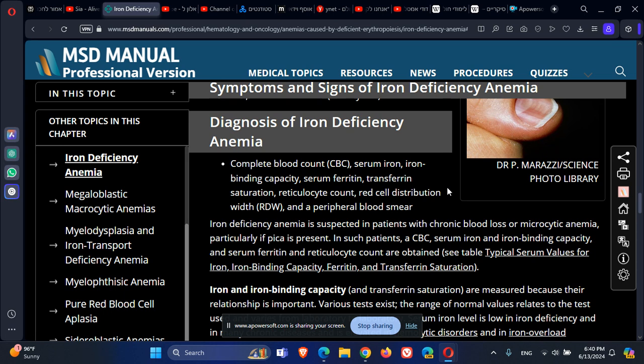So in the CBC, you can see lower MCV, lower hemoglobin, lower ferritin, lower serum iron, but higher RDW, which represents anisocytosis, namely different sizes of blood cells.